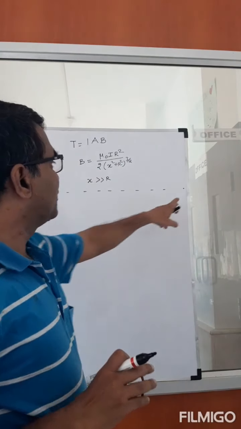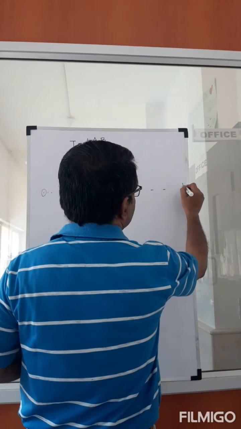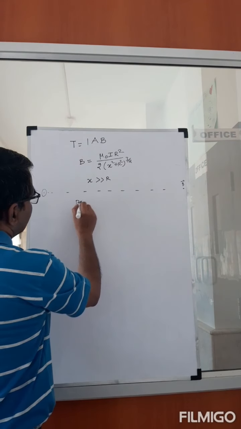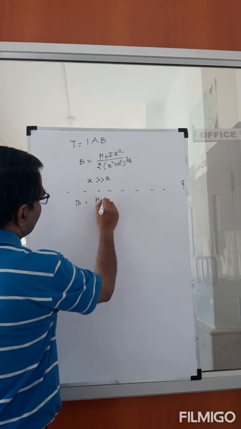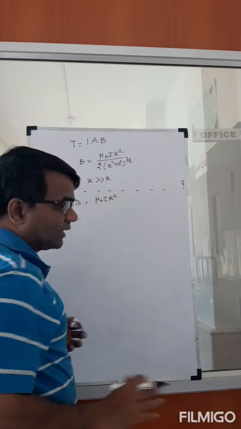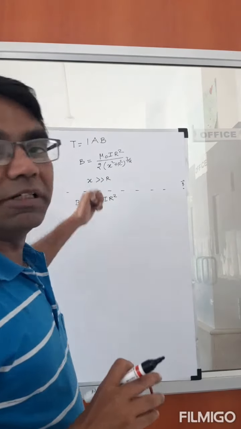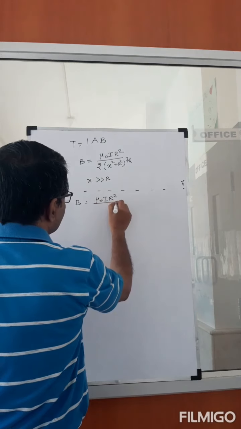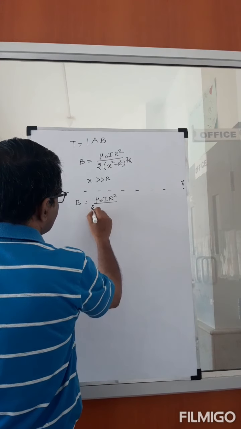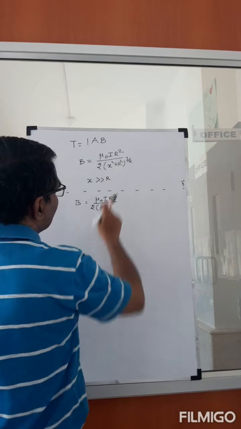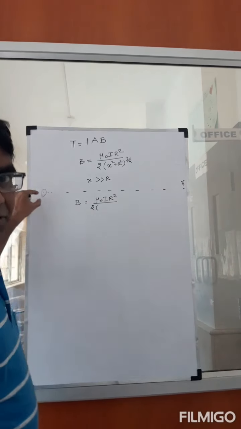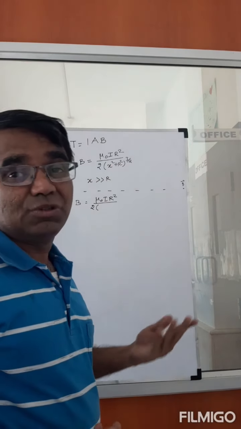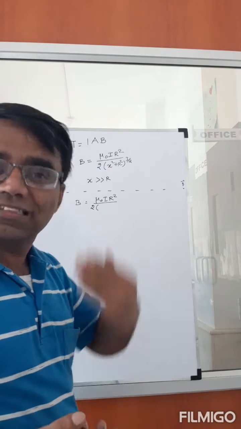So in that case, the B at this point is going to be equal to mu naught I r squared. I cannot do anything to the r in the numerator because it is in multiplication. But when I come down to the denominator, r can be ignored, because if it is 2 meters and it is just 1 centimeter or something, then clearly I can just ignore that. 2 meters plus 1 centimeter would be 2.01 meters, which is as good as 2 meters.